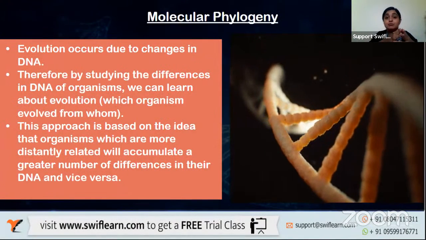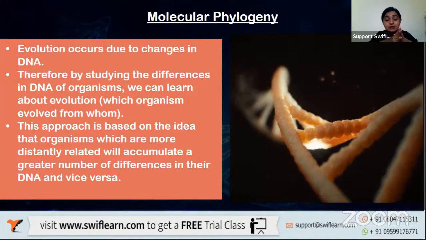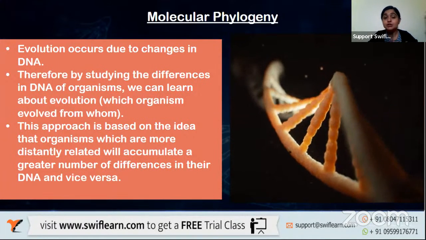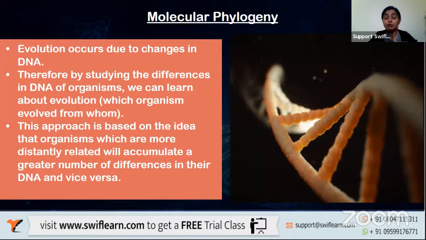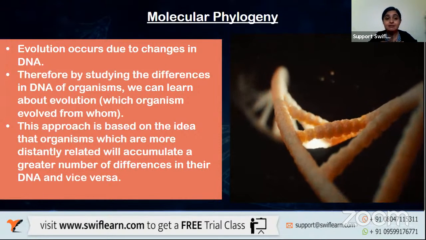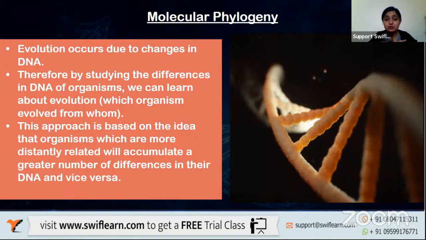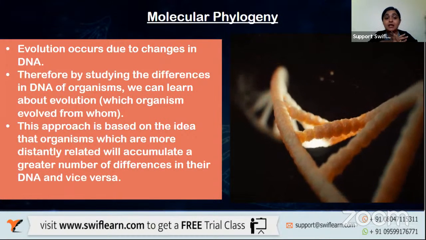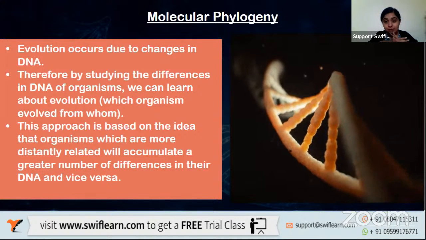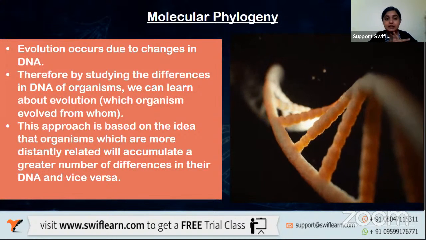Now, what is molecular phylogeny? Evolution occurs due to change in DNA. We all know that. Therefore, by studying the difference in DNA of organisms, we can learn about evolution: which organism evolved from whom. Right? This is the function of DNA, isn't it?